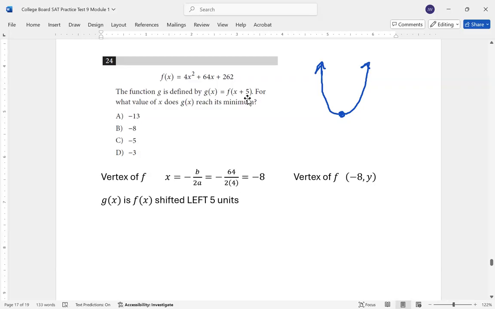That's a left shift of 5 units. Knowing this, we know that the vertex of G is going to be this point shifted left 5 units. If I do that, I end up at the point negative 13 comma some value of y.